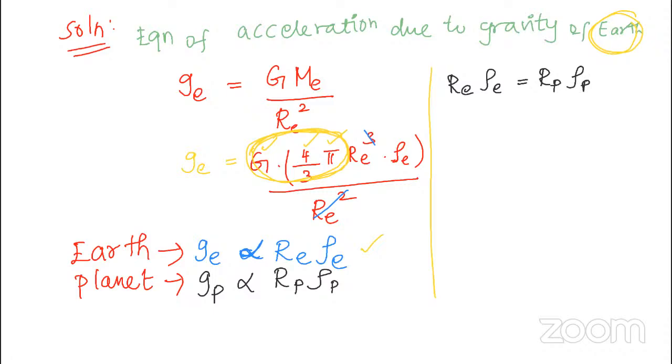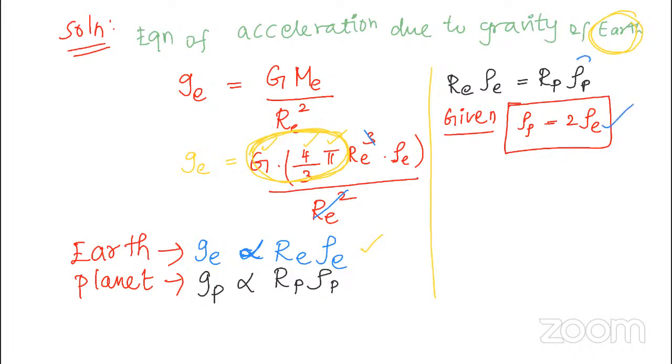In that problem, they have given the data: rho_P is equal to 2 into rho_E. Let us now substitute this value into this equation.